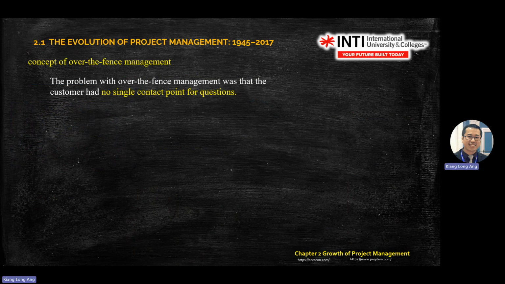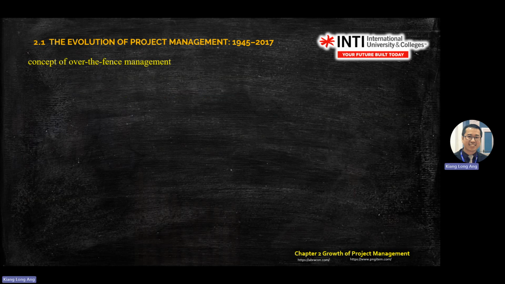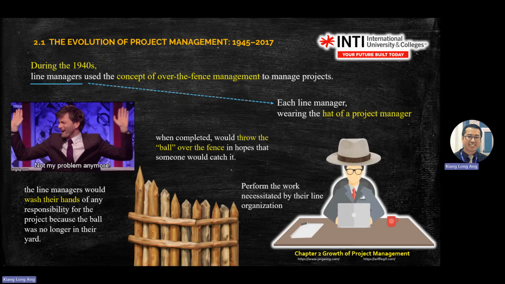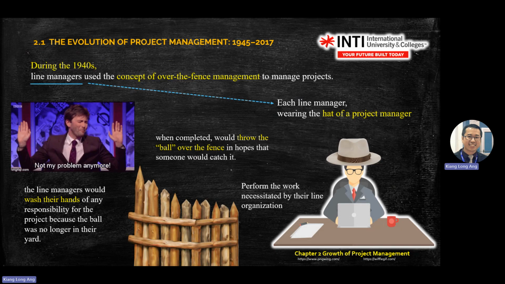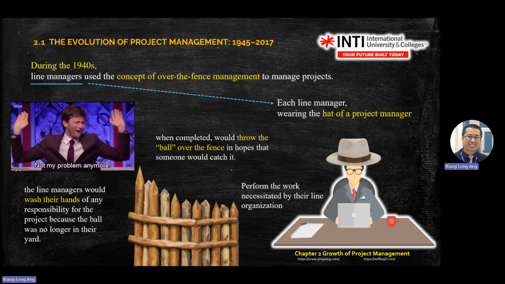So this over the fence concept has one problem. Because every time the project finishes, the line manager, the function manager, like the R&D manager or production manager, leads the project. After the project is done, the line manager throws the hat to a new person.